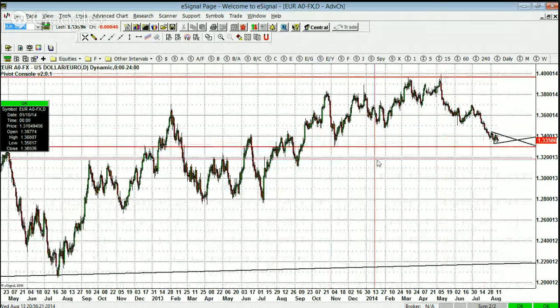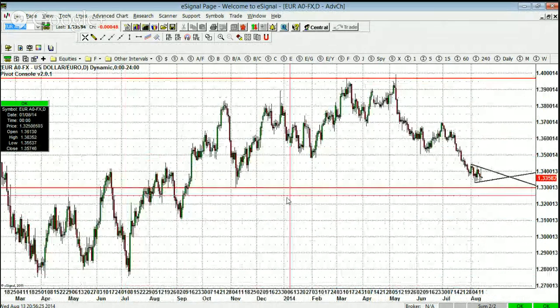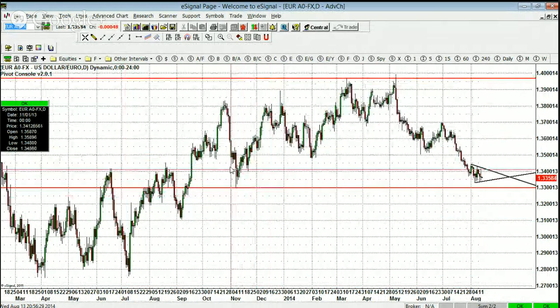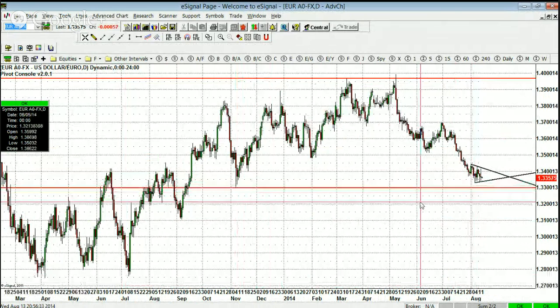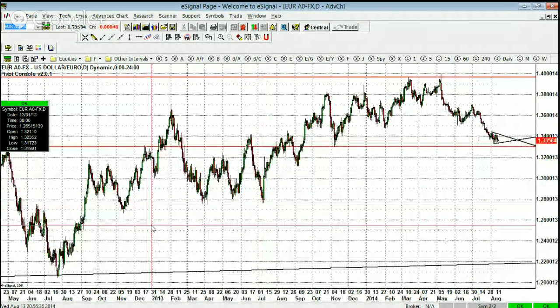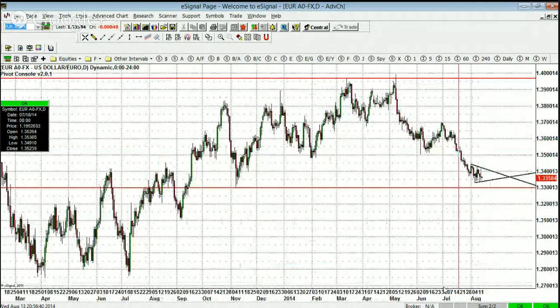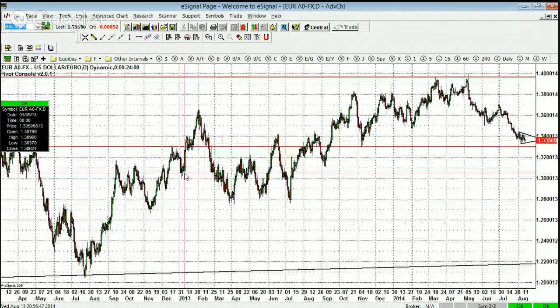The key area is this red line I've drawn on the chart. If the market breaks below this 133 level, we could be in for a much deeper pullback in the euro US dollar. That will end the ABCD pattern of higher highs, higher lows.